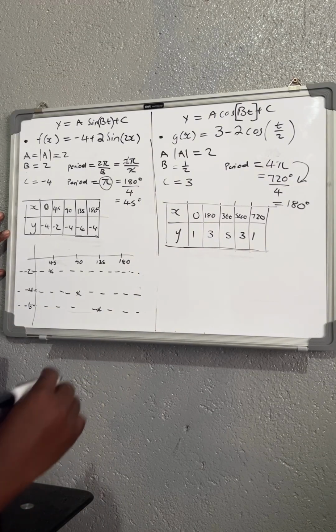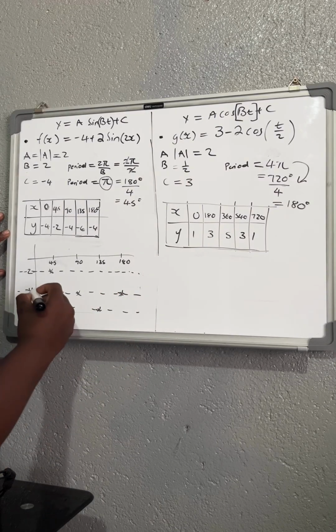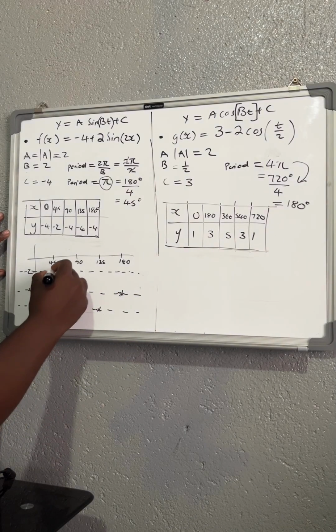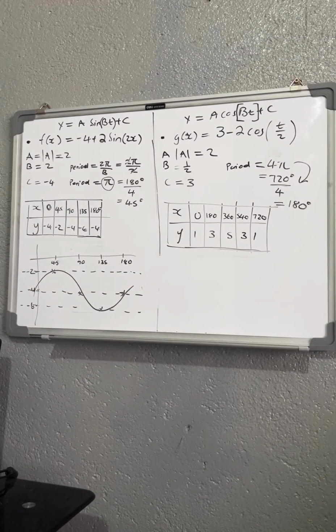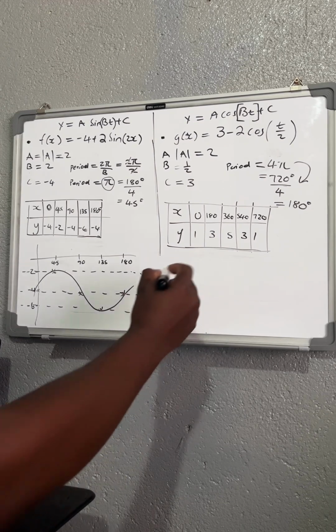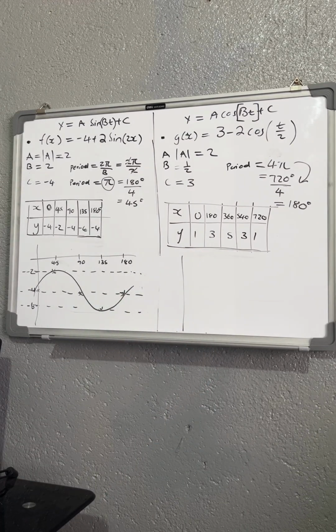Then the 180, you're getting your -4. So basically you're going to be having a graph that looks like that. So now we move to this part and draw the graph and see how it looks like.